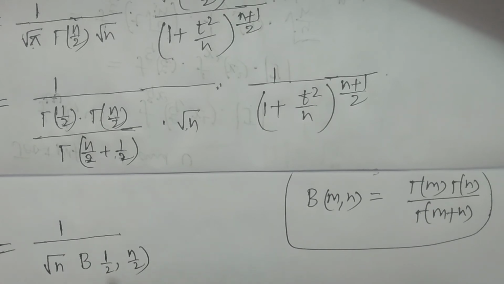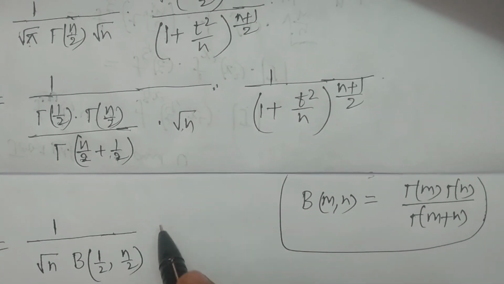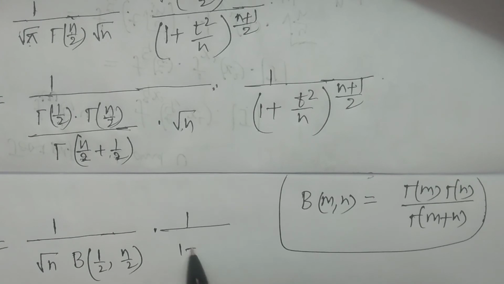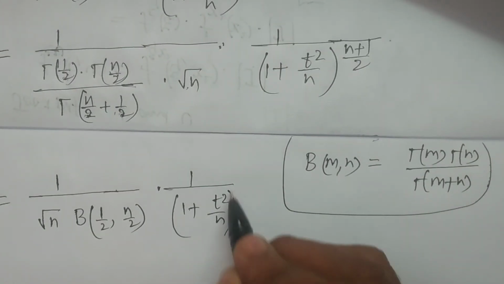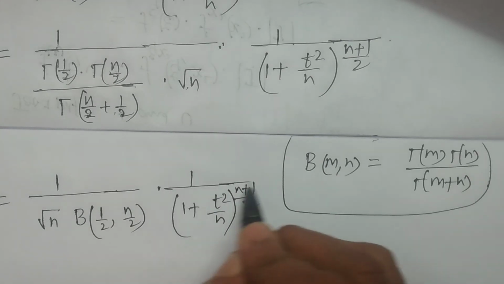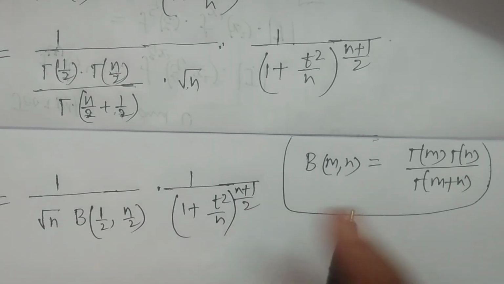So this is the formula: 1 by root n beta (1/2, n/2) into 1 by (1 + t²/n) whole power (n+1)/2.